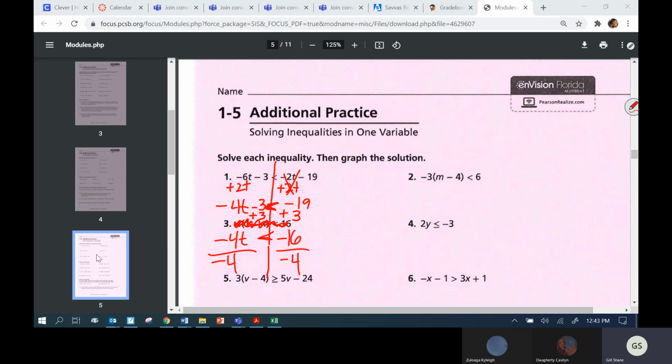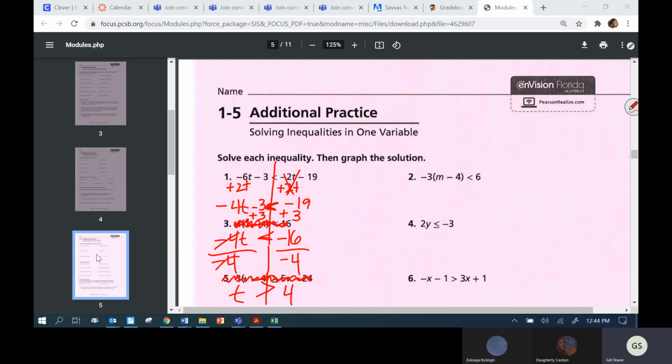If we divide by a negative number on our last step, when we have an inequality, you've got to remember this one little thing. Those cancel out, and I still have the variable t. You have got to flip the sign. So I did have a less than sign. Now I flipped it and I have a greater than sign.